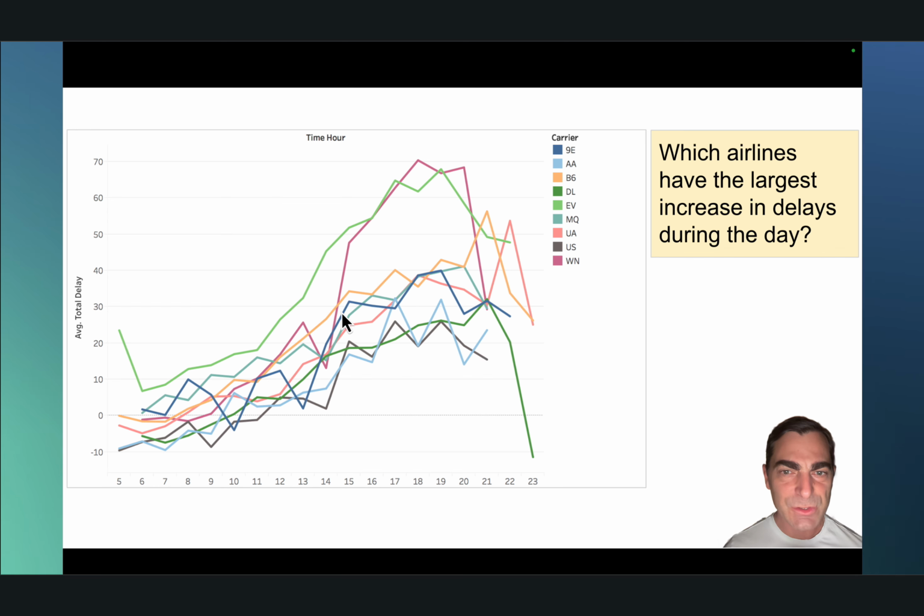Well, that's also not that hard. Look at this one, the purple pink one. It goes up really, really steeply here. And the green one, again, it goes up really steeply. So here it's similar to the previous ones, and then it goes up very, very quickly. So that's also very easy to answer.